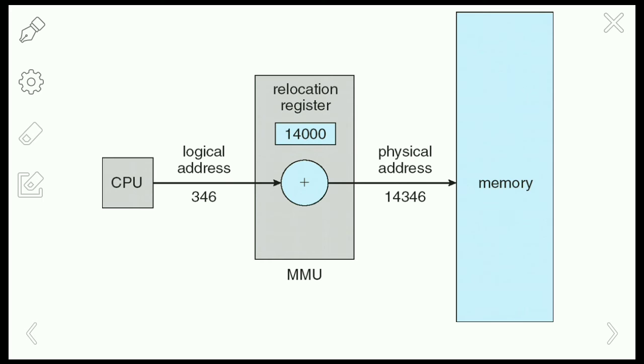So the memory management unit is going to add the relocation register to the logical address to obtain the physical address space. By adding 14,000 with 346, we get the physical address in the main memory as 14,346.